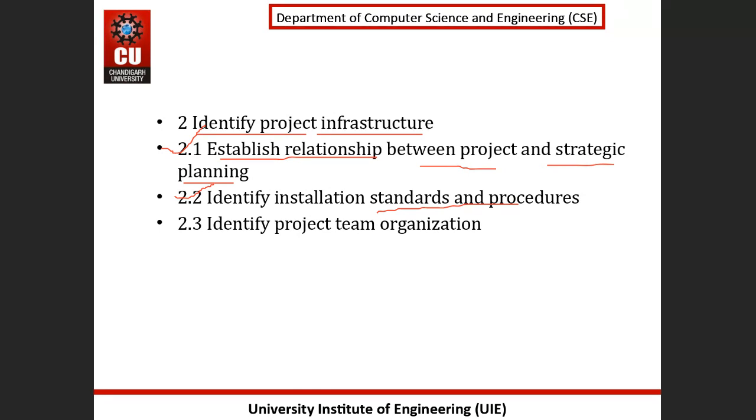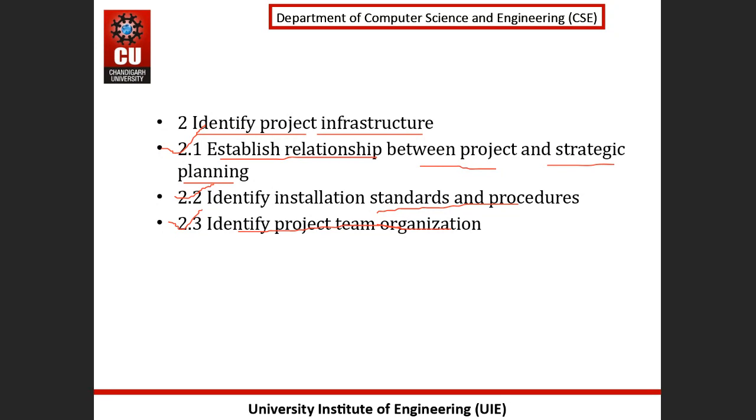Fine. And the third step under identify project infrastructure, that is identify project team organization. So what we will understand by this term, that is project team organization. We will organize our team.